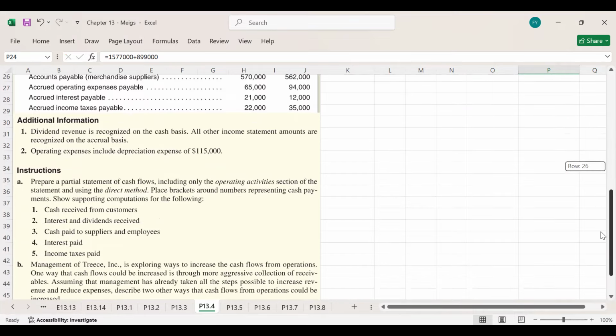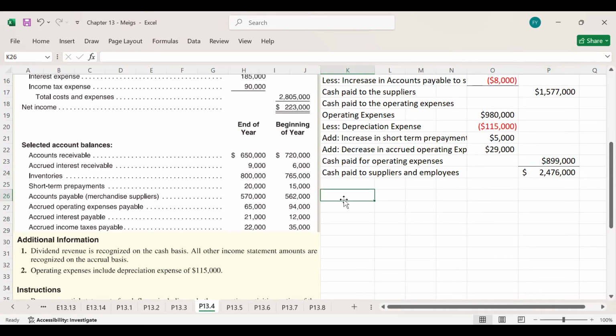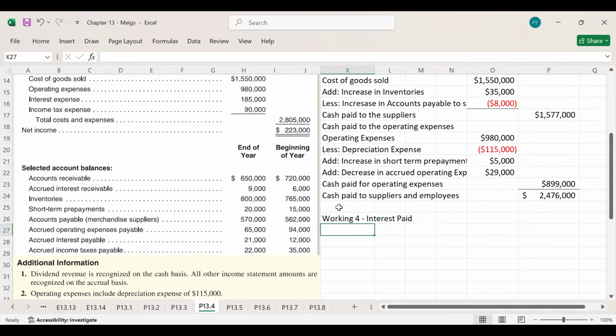The fourth one is interest paid. So the fourth working is required. Working four is interest paid. The total interest expense you can see here is 185,000.